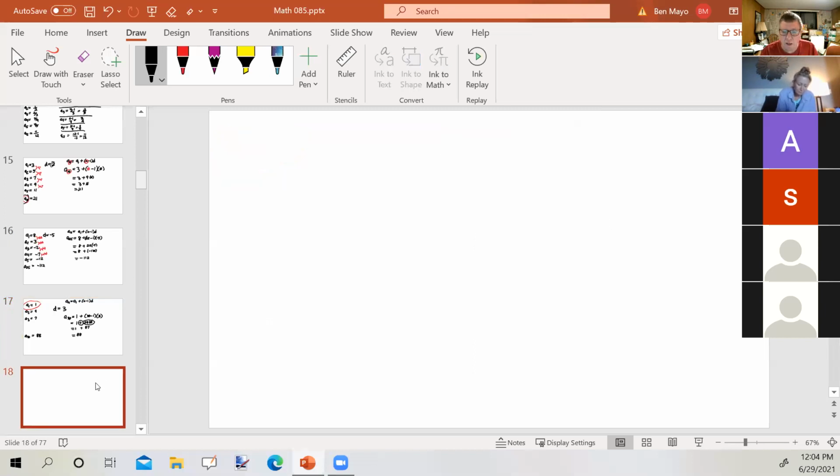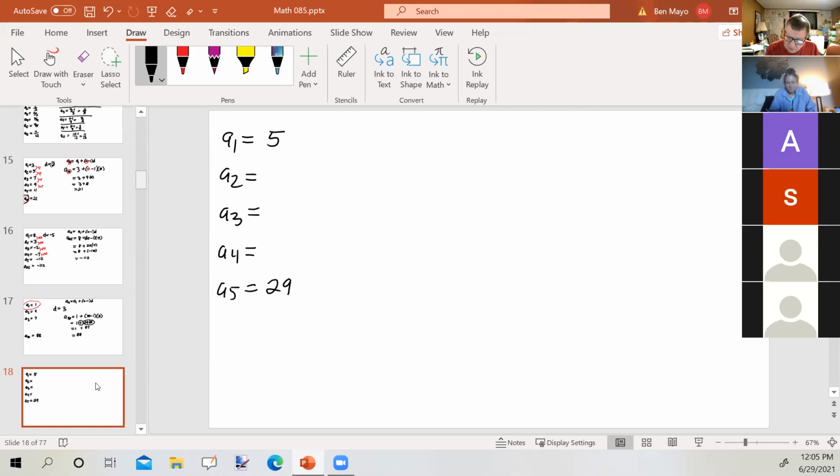It says, write the first 5 terms of the arithmetic sequence with the following properties. So we're supposed to write the first 5 terms, and they tell us that the first term is 5 and the 5th term is 29.